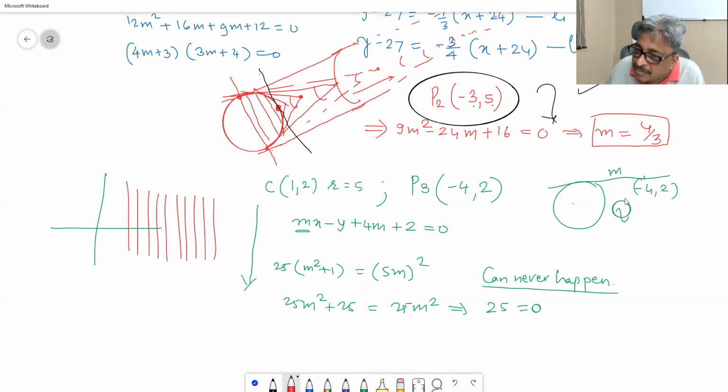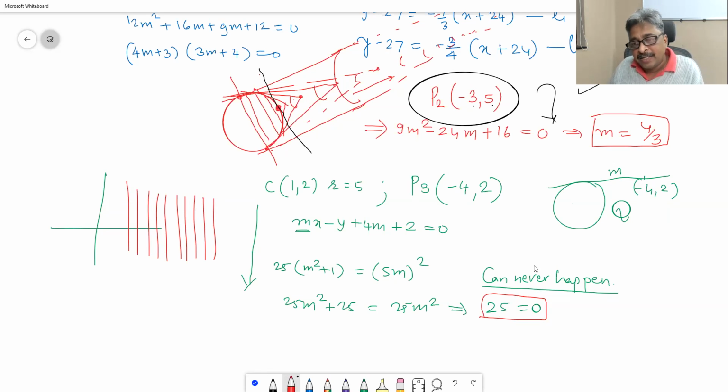So maybe when we are assuming m here, we are assuming m to be a real number, and if we get something like this, algebraically it is correct. Algebra is saying that you have committed a mistake in the beginning. You should not have assumed slope to be m, which is a real number. I cannot provide you a value of m.